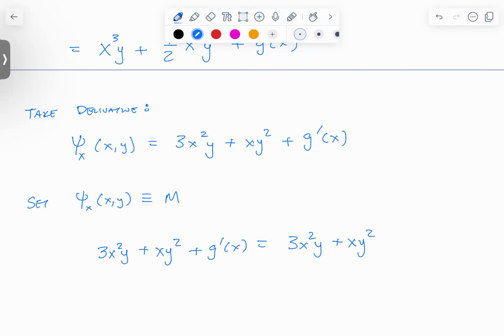Why do I think I'm on the right track? Yeah, the same. Well, almost. What's missing? The h prime of y. What g? We're calling it g. You call it h. It doesn't matter.